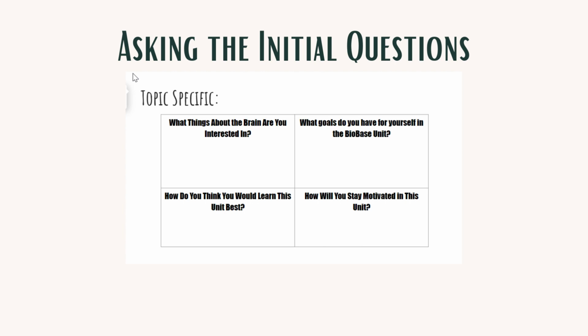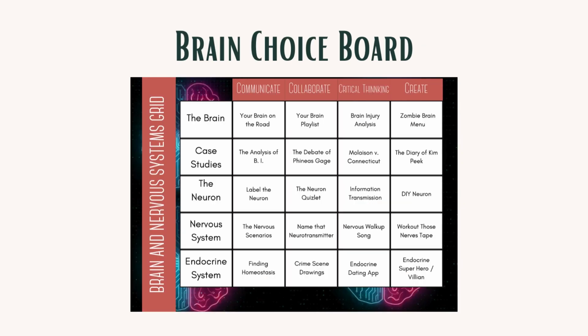To achieve this, I implemented a brain choice board where I pose the question, how do you think you best learn and can demonstrate your learning for this unit? This empowered students to have a voice over their learning journey and what types of technology they would use to present their findings. Furthermore, the activity served as a method for assessing student proficiency by evaluating the artifacts they created to demonstrate their mastery of the competencies.